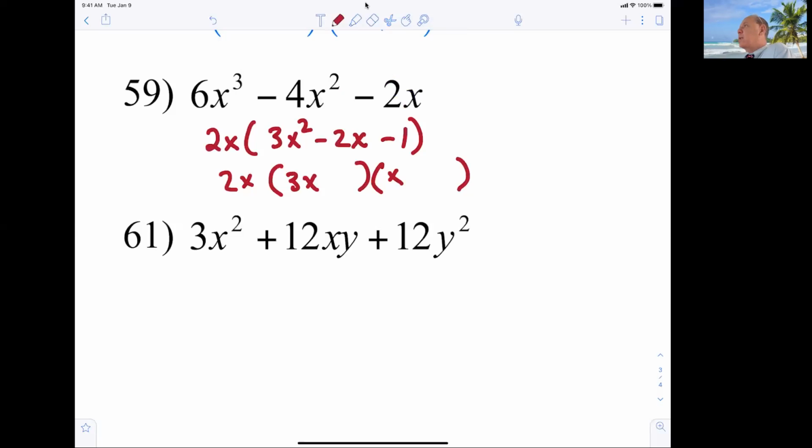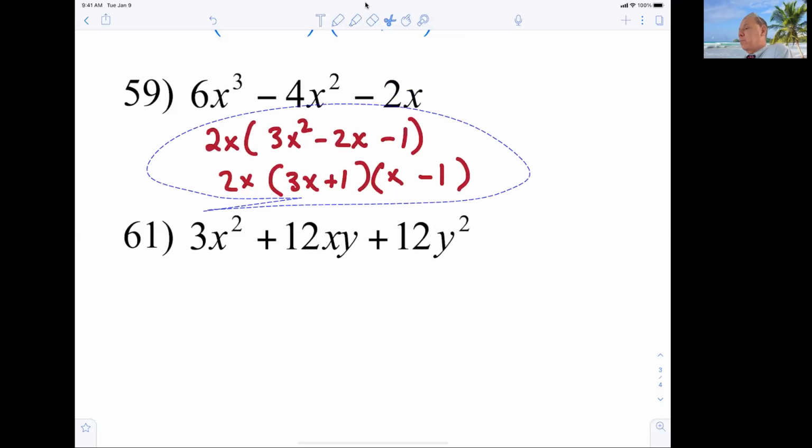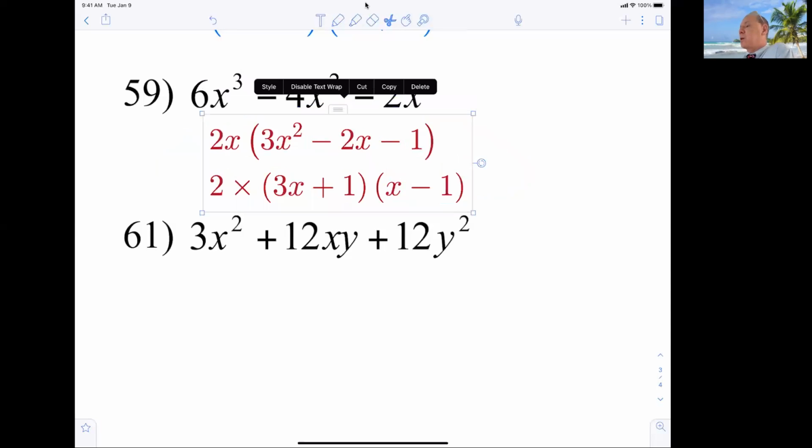So it's going to be 3x what? I don't think so. Isn't it going to be 3x plus 1 and minus 1? Because remember, if you're thinking this is 1 minus 3, which gives me the -2. Everybody okay with that? Well, technically we say we're factoring out the GCF first.